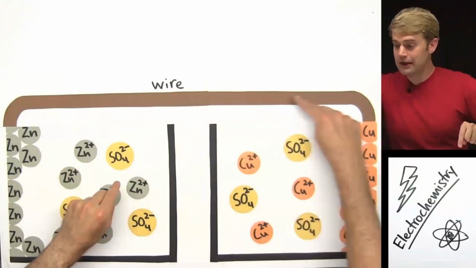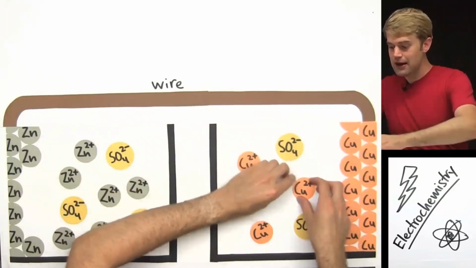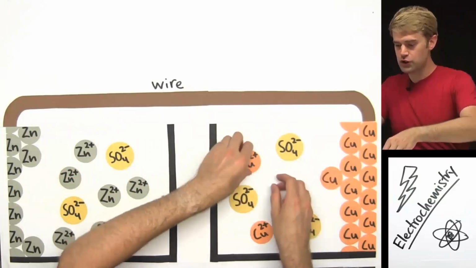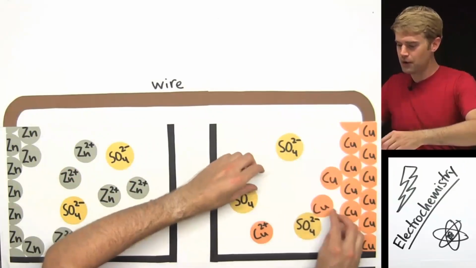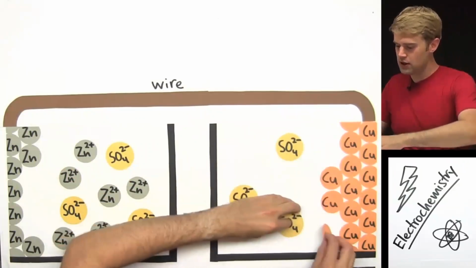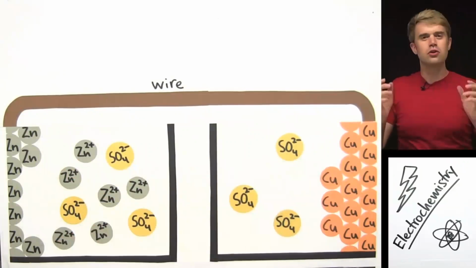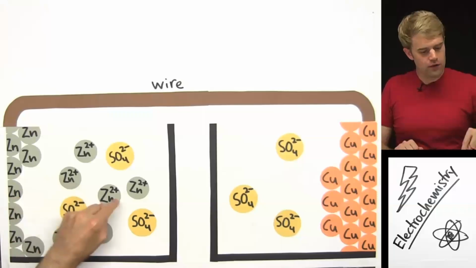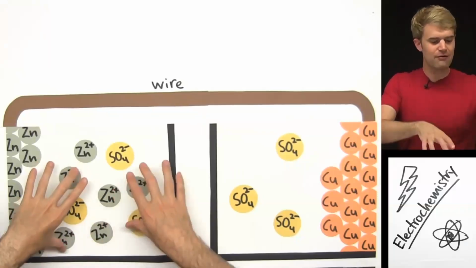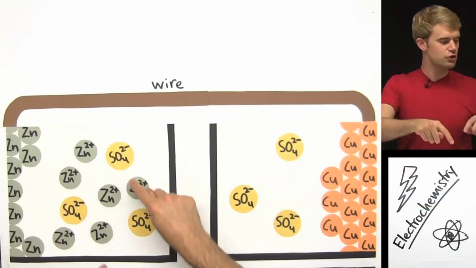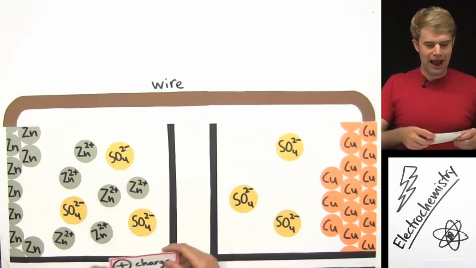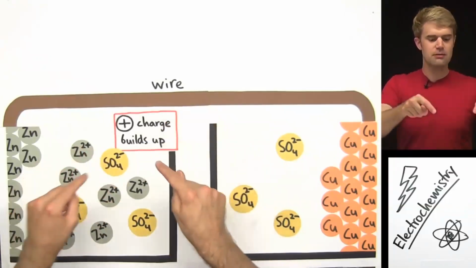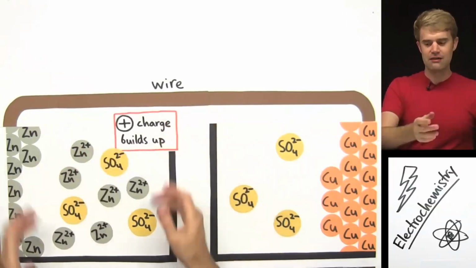Now over here, as electrons come over, these Cu2+ ions will turn into neutrally charged copper atoms and attach to the metal. And now look at what's happened to the charge. Now we have all of these Zn2+, but we have only a few of the SO4 2-. So after just a little while, positive charge really begins to build up in this half cell.